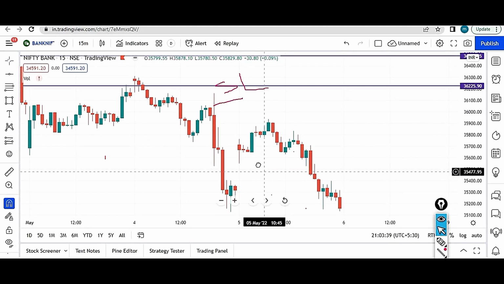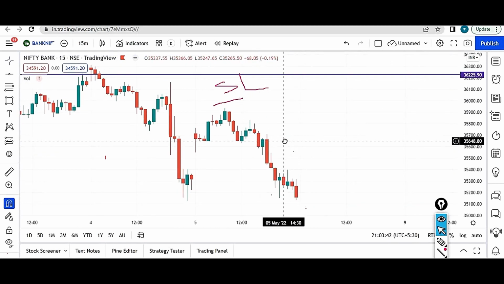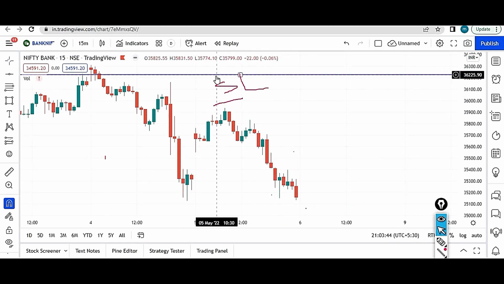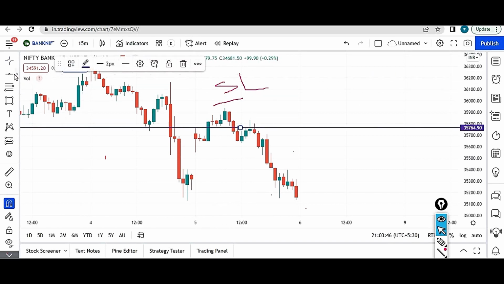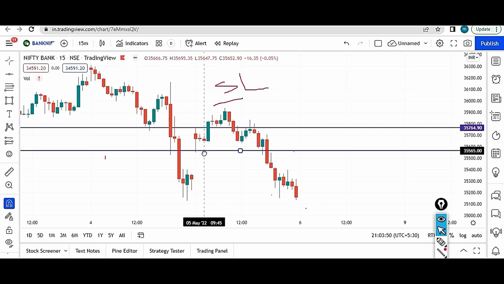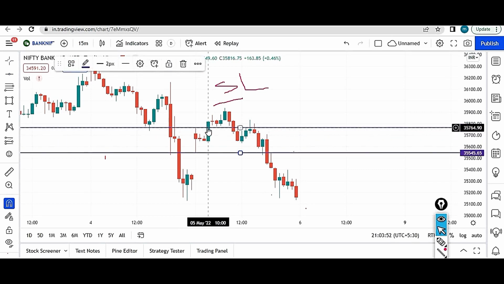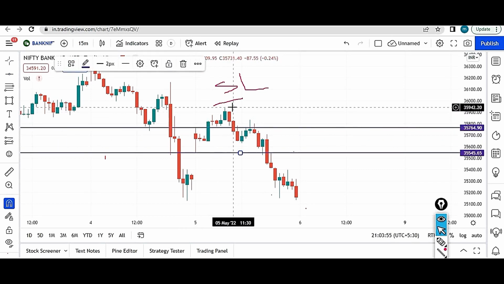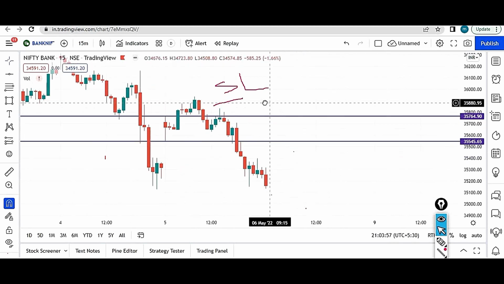There are no inside bars. Here this is an inside bar. If you enter on this candle, 180 points you can get.